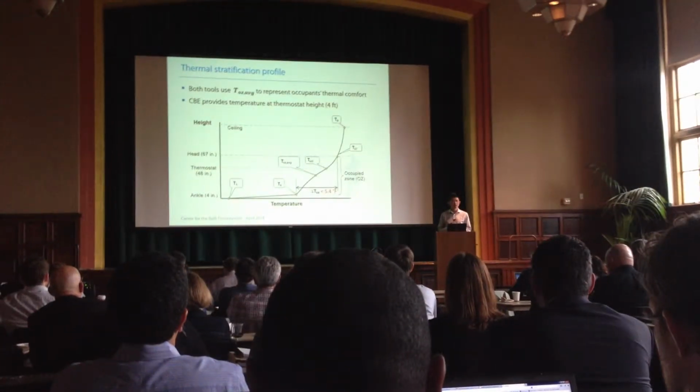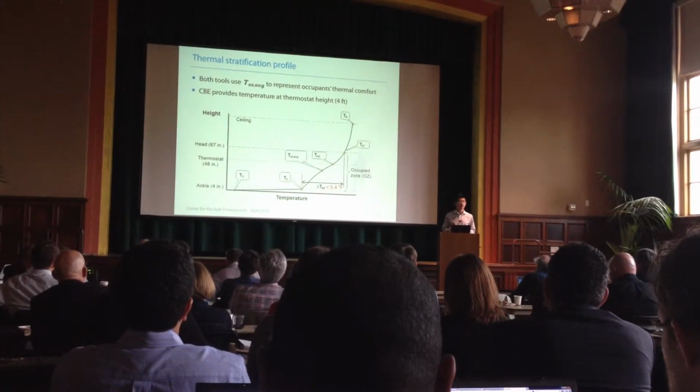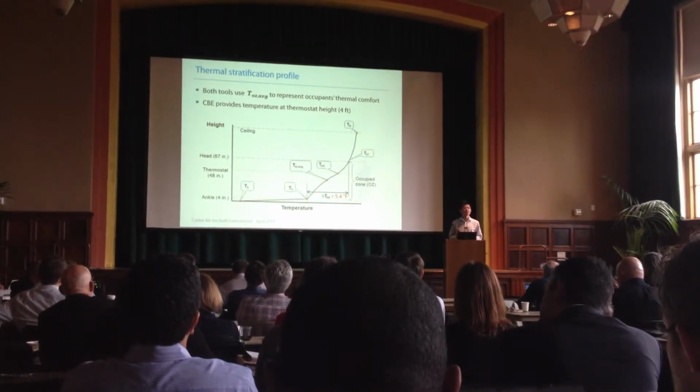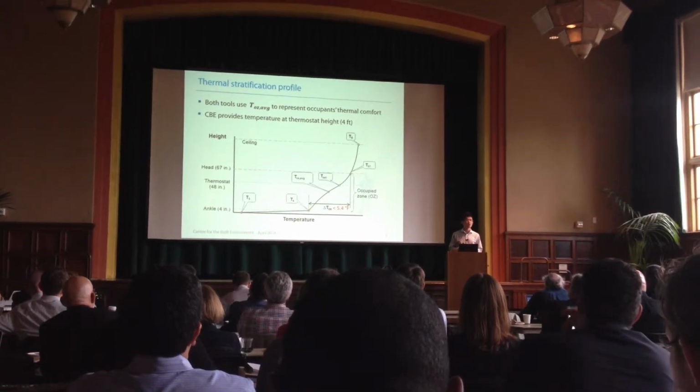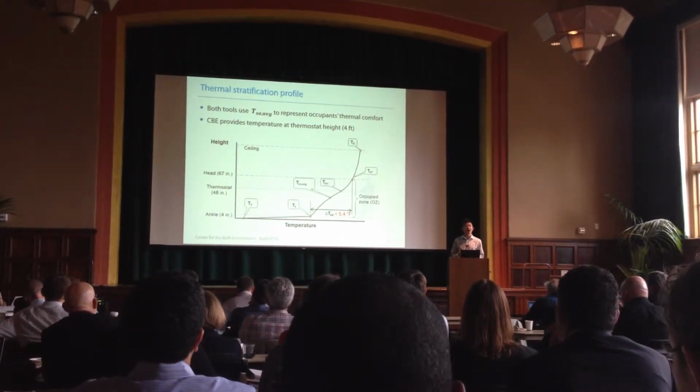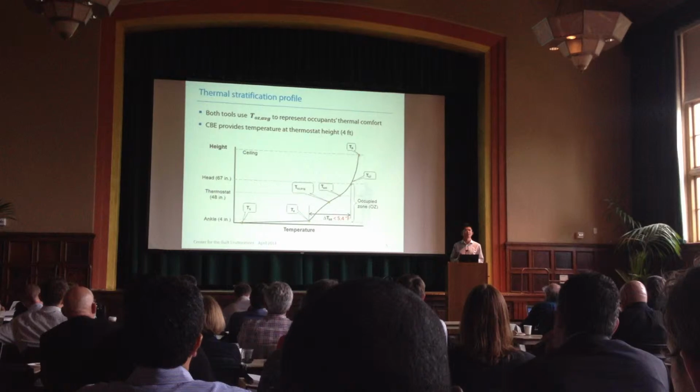Speaking of the thermal stratification profile, one thing I want to point out is that unlike well-mixed overhead systems, the temperature at the thermostat height doesn't represent users' thermal comfort anymore. Instead, the average temperature in the occupied zone does.